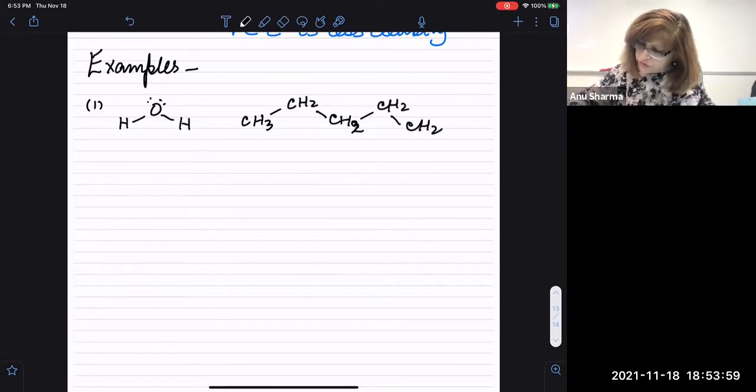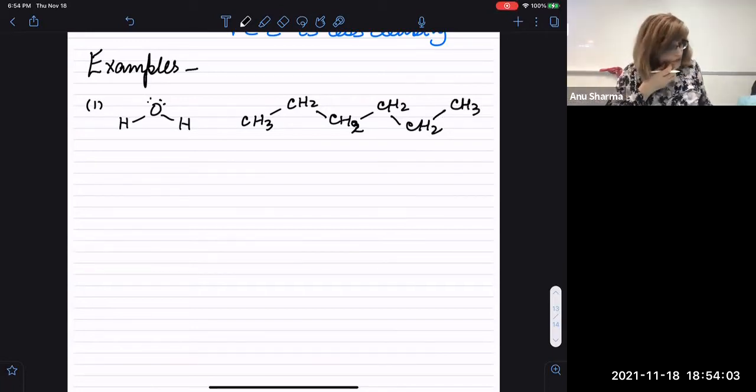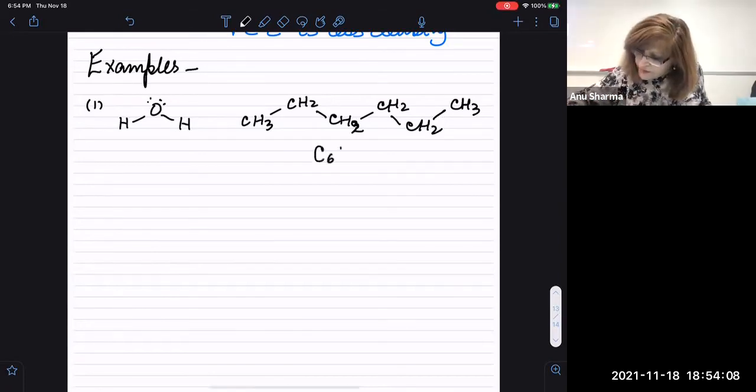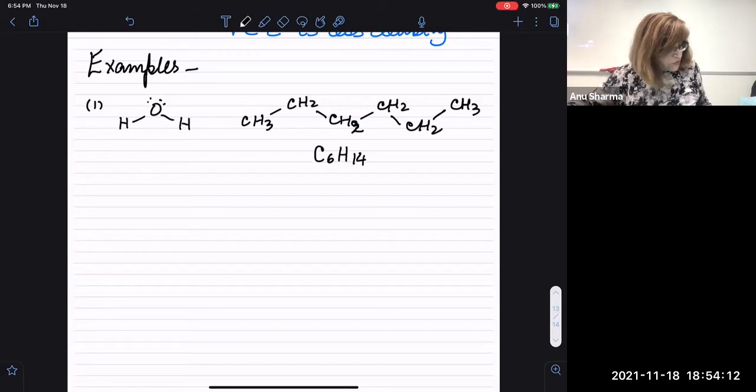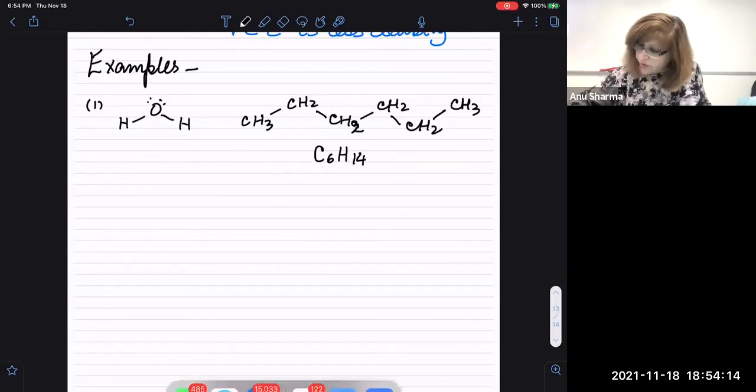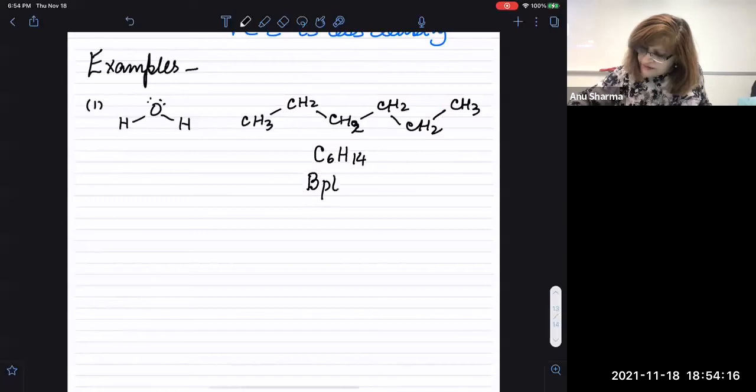So 1, 2, 3, 4, 5, and CH3. This one is C6H14, a huge molecule. The boiling point of this one is 69 degrees Celsius only.